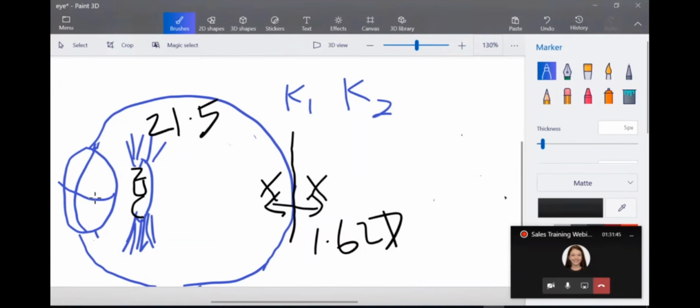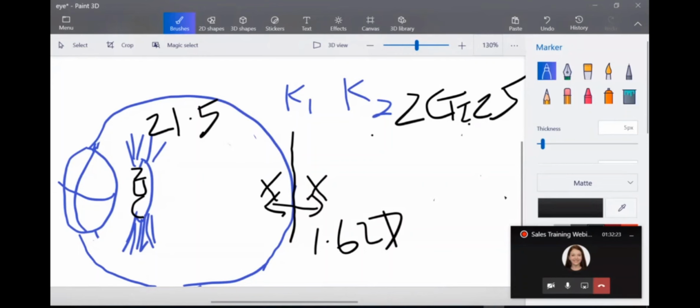So when we choose a toric lens, probably in this case you may choose, let's say, a ZCT 225. When you choose a ZCT 225 lens, what it means is that you're adding 2.25 diopters of cylinder power onto the lens.